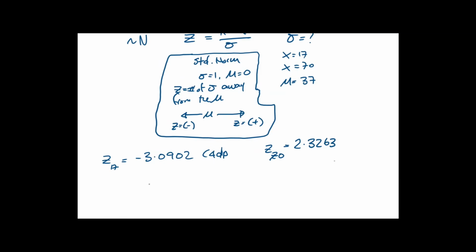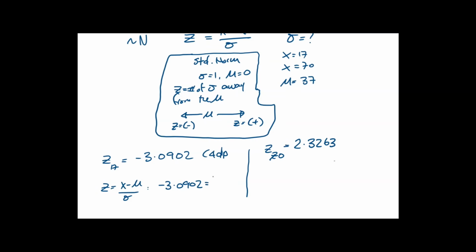So let's work out what our standard deviations would be in each of these scenarios. You know that z is x minus mu over the standard deviation. For the 17, the z-score is going to be minus 3.0902. We want the bottom 0.001.